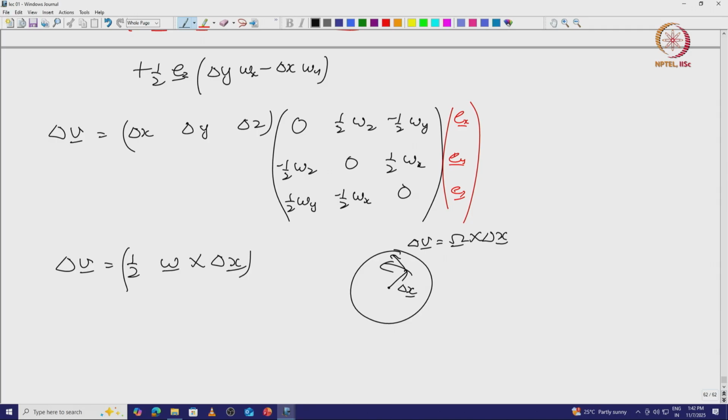Therefore, this delta V, which is half of omega cross delta x, basically represents solid body rotation with angular velocity omega equal to half omega.